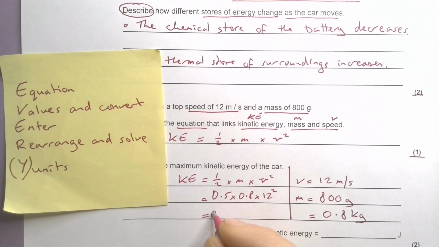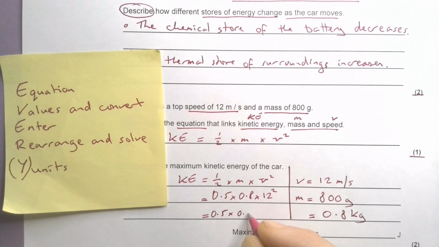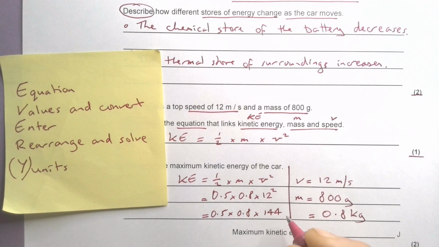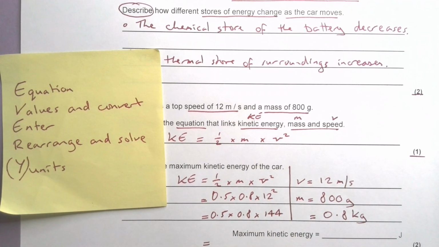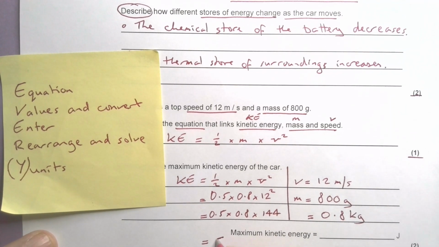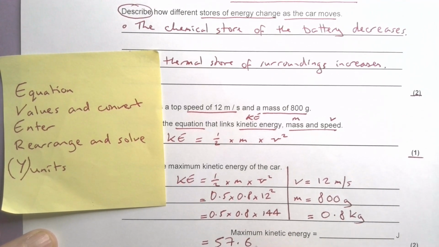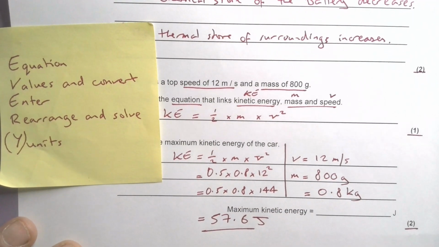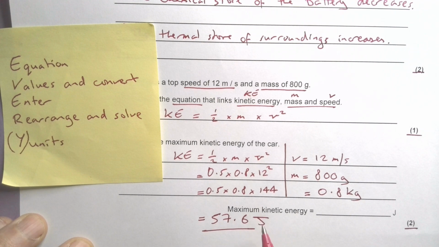So 0.5 times 0.8 times 144 equals a grand total of 57.6 joules. Be careful here if you're going to write down the units. They obviously tell us the units here anyway, but if they didn't, make sure joules is always a capital letter.